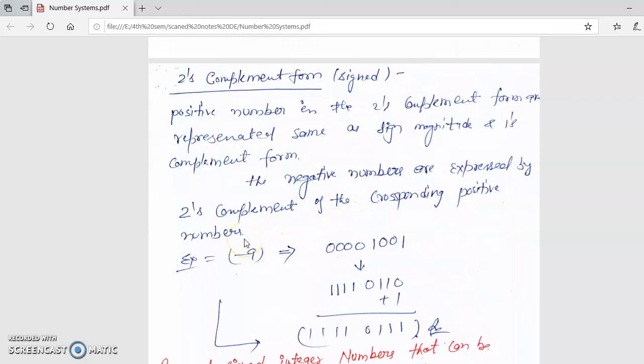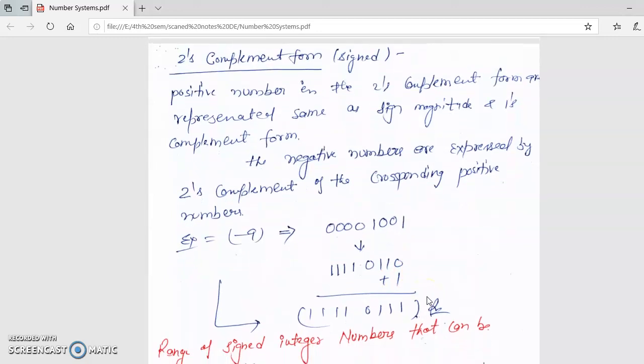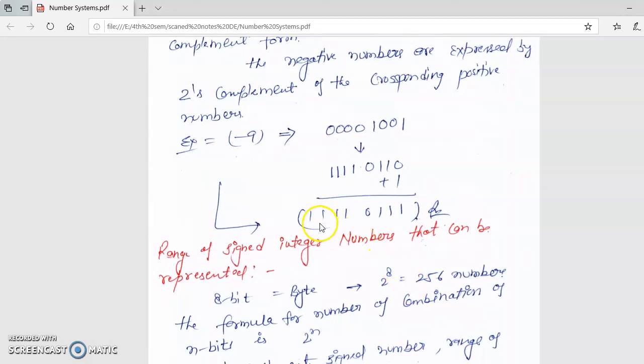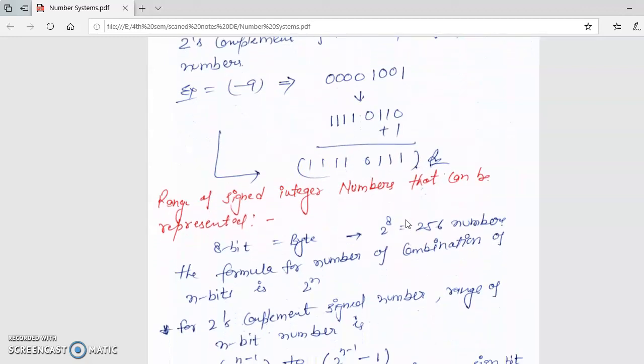Just as we took the ones complement of the number earlier, here we take the twos complement of the signed number. Example for -9, a negative number: 0 0 0 0 1 0 0 1, its ones complement is taken and then adding 1 we get the twos complement. We get 1 1 1 1 0 1 1 1. That is our answer. Okay, dear students.